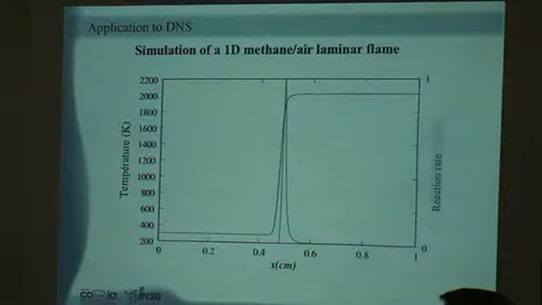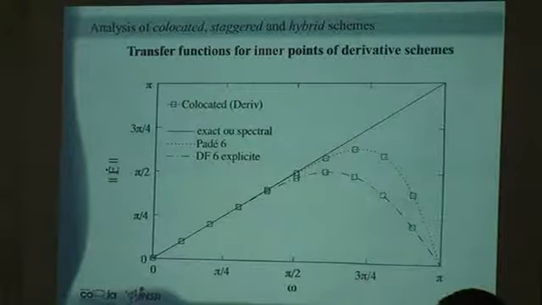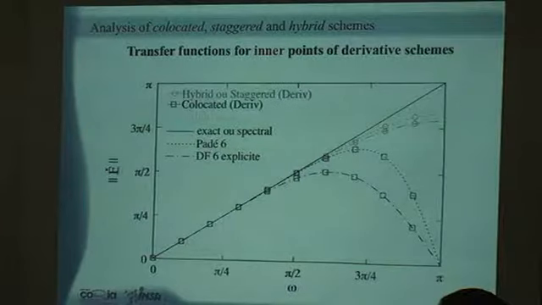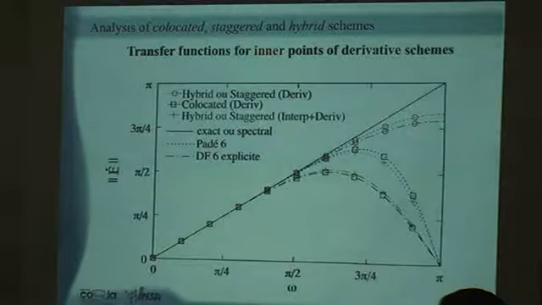But can you go back to this? I mean, you see that the finite difference explicit has a larger error towards the high wave number, the pi, okay? But actually this problem you can fix by adding more points.